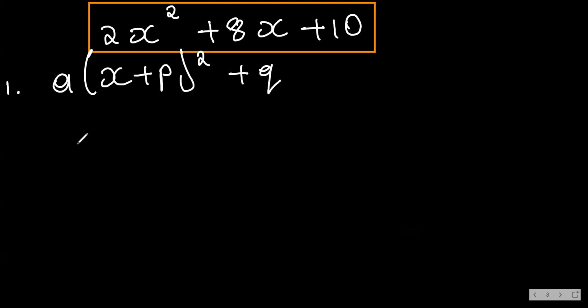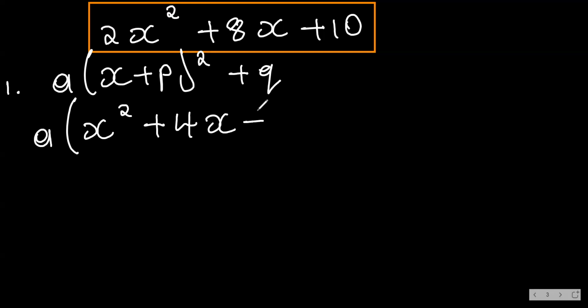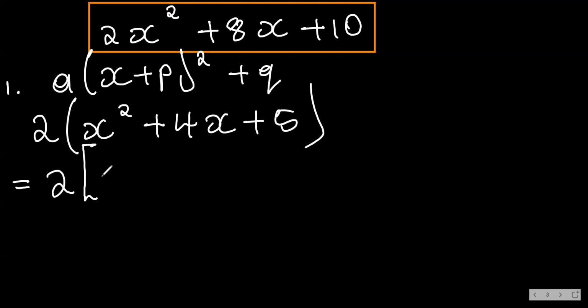The first thing you can see is a is the highest common factor. And after you take out your highest common factor, you are left with x squared plus 4x plus 5. Oh, a is supposed to be 2. Sorry about that. Then we still have our 2 outside.